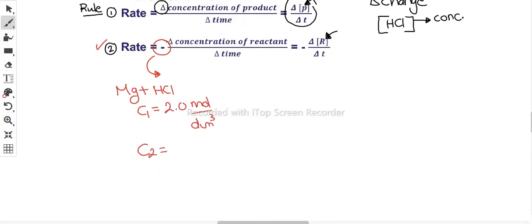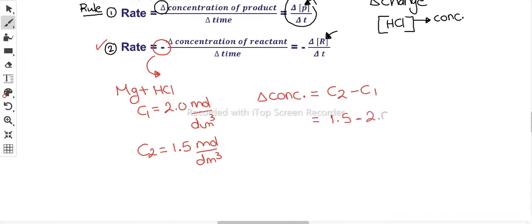So let's, for example, say that the concentration becomes 1.5 after a certain period of time. If I want to calculate delta, the change in concentration, according to the rule, it is C2 minus C1. The C2 according to my experiment is 1.5 minus 2.